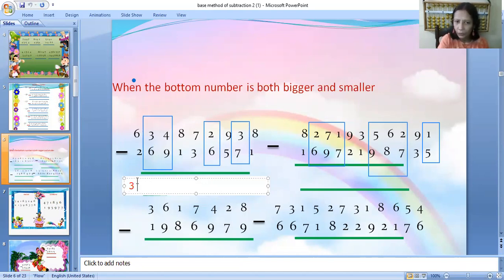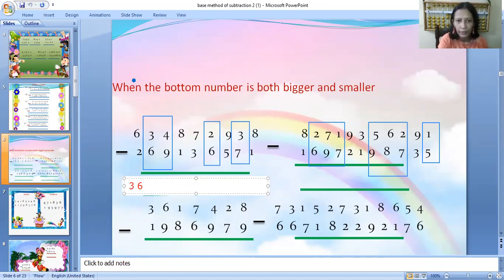So will you write 7 here now? No, you will not write 7 here. In your mind, you will think what comes before 7. 6 comes before 7, so you will write here 6. Why have I written 6 here? Because in the next pair, I need the borrowing. So I have written here 6.